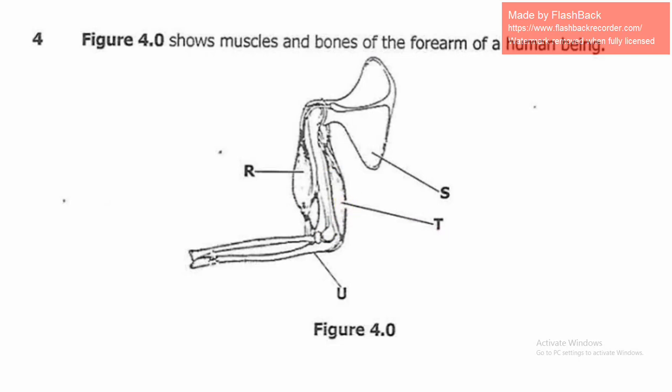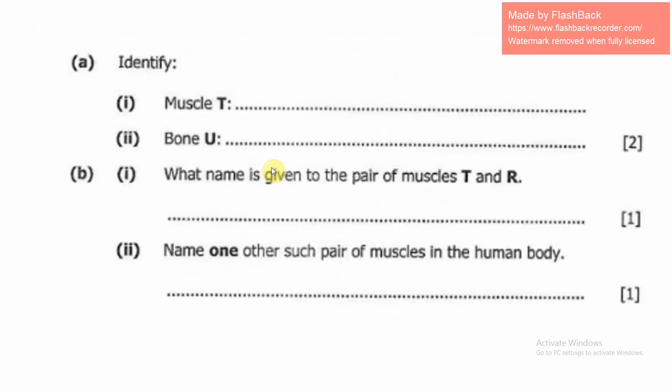Then this bone here, the ulna, is given the label U, which also triggers an idea. Only this muscle, muscle R, is the bicep muscle. Let's hope next time this person will label it B, so that it becomes bicep. So let's go now to the question and see what they've asked.